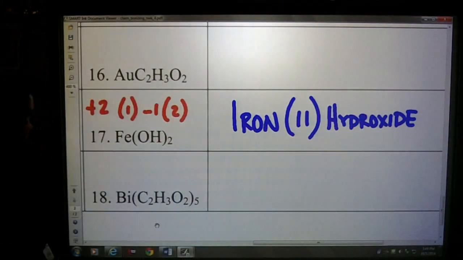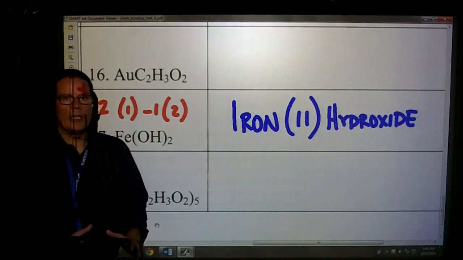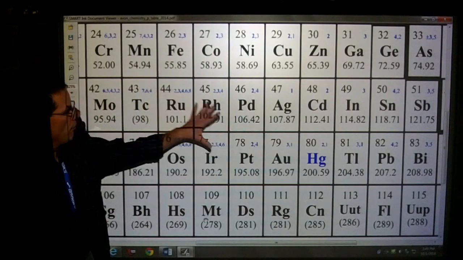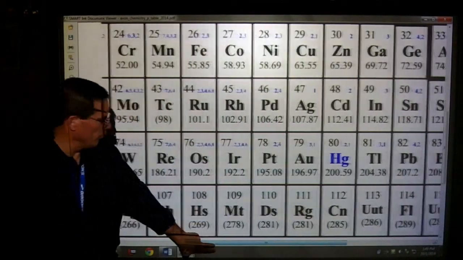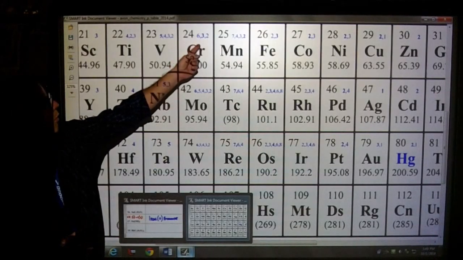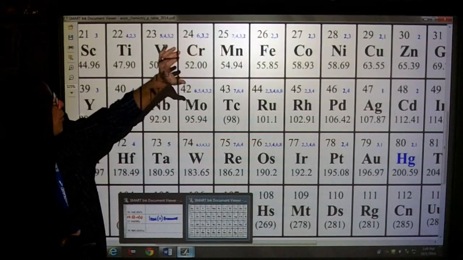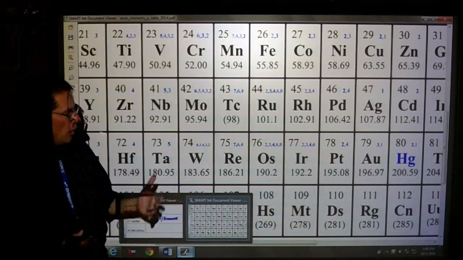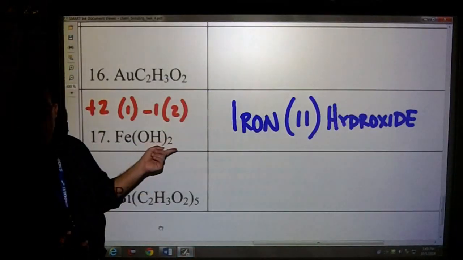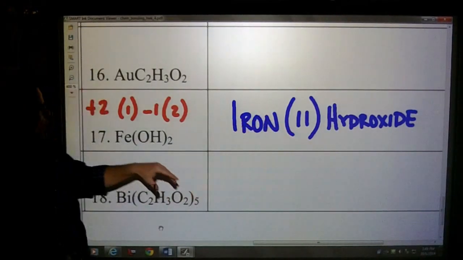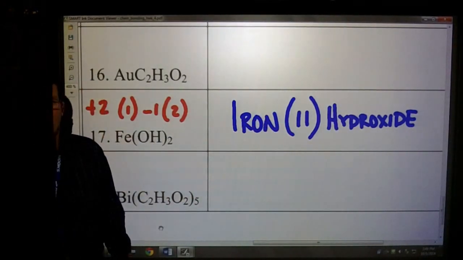All right. So again, when working these types of problems out, it is imperative to have your periodic table out, because from this point on, if the metal that you're writing has more than 1 oxidation number or more than 1 potential charge, you have to tell your audience or your grader what the charge is. Okay? You can't just call this iron hydroxide.